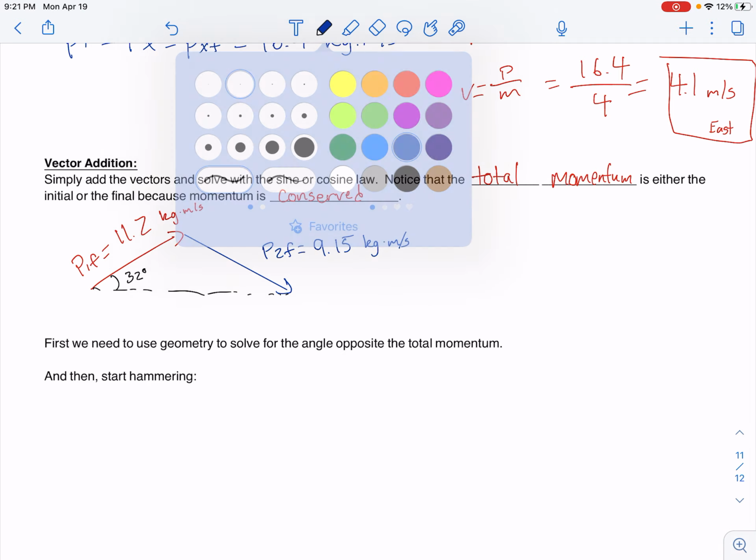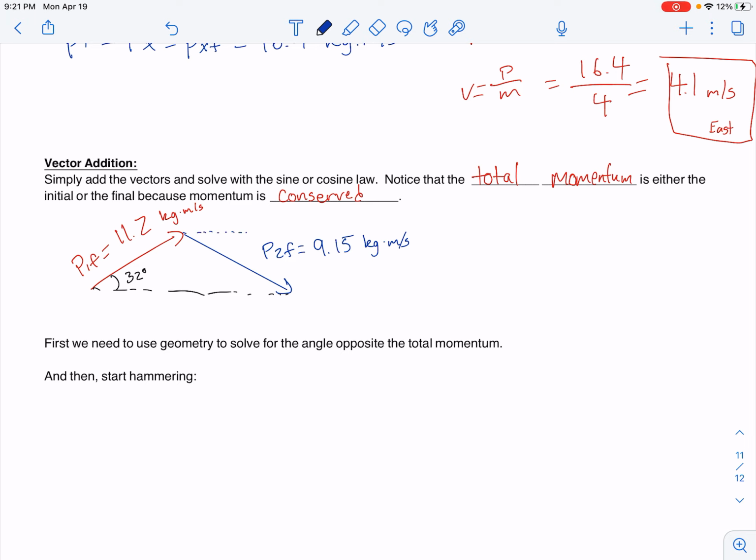Now, we know that this motion was 41 degrees south of east.